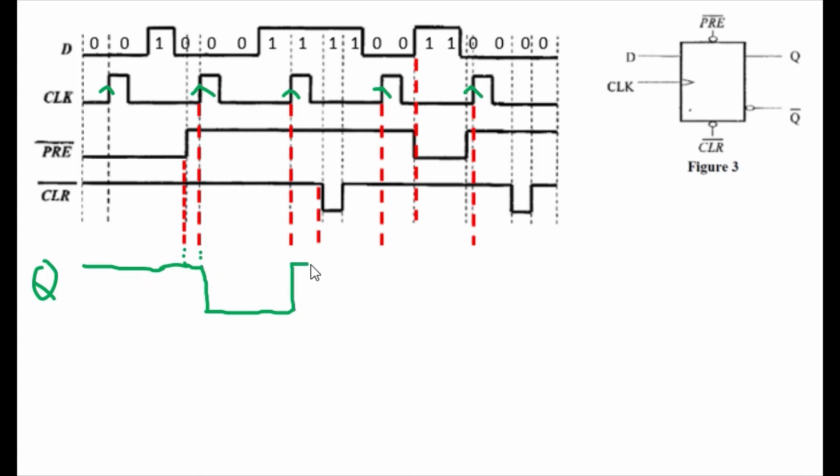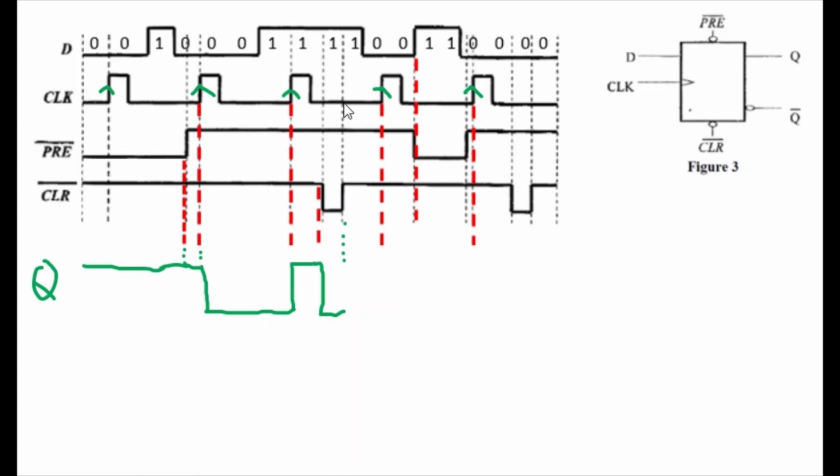It will remain 1 till the next positive edge, but in between the clear command comes into existence, because clear becomes 0. Whenever the clear command becomes 0, the output also becomes 0, and it remains 0 while clear is 0. Did we get a positive edge?